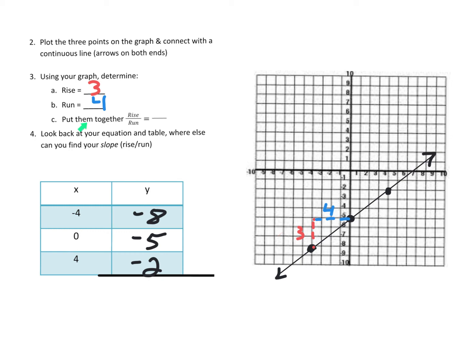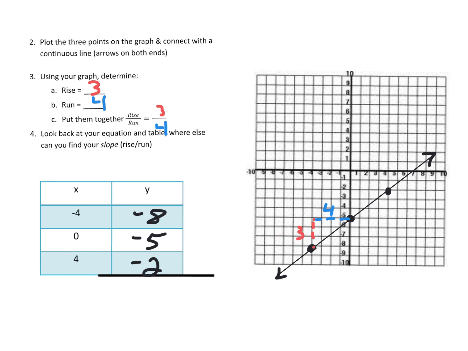Now let's go ahead and put these together with the rise as a fraction, with the rise on top and the run on the bottom, okay? The rise was 3 and the run was 4. 3 over 4, okay? Now it says to look back at your equation and your table. Where else can you find your slope of rise over run?